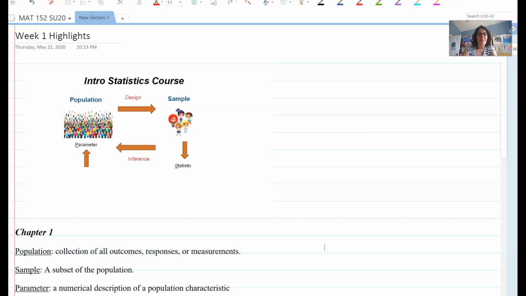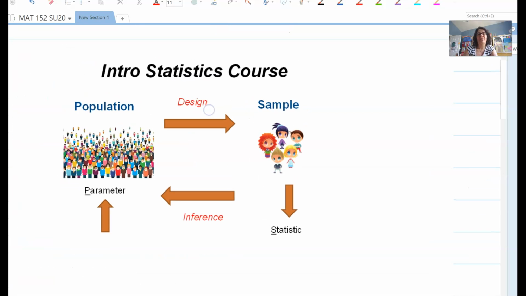So, the purpose of this course can be summarized in this chart. This is a very important thing, and we're going to keep coming back here. The whole course is about this chart. So let's see what's happening. We have a population of students, population of waters, population of athletes.